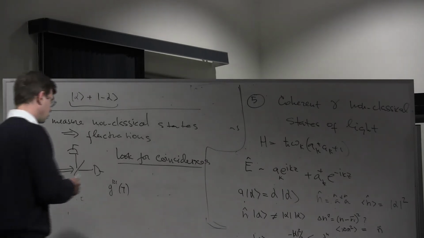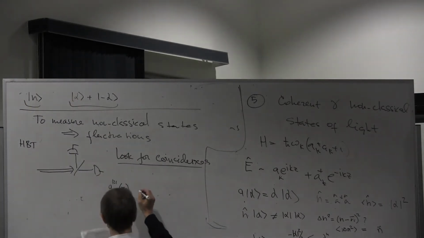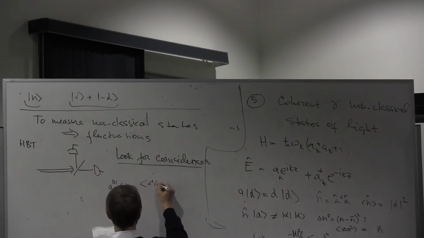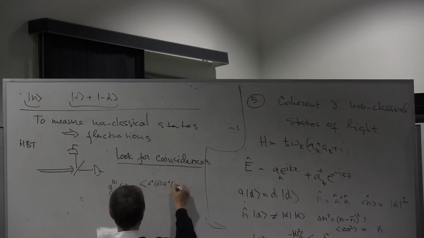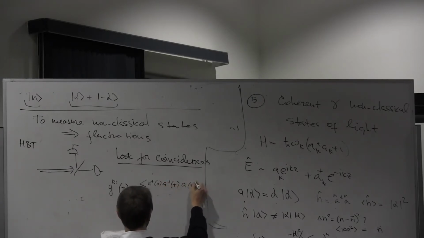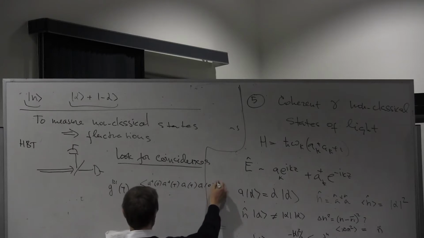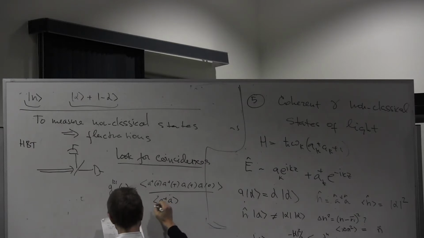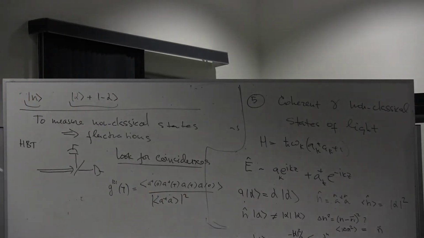This can be quantified by the so-called G2 function, which one can write as something like this: A of 0, A of tau, normalized by something like this.